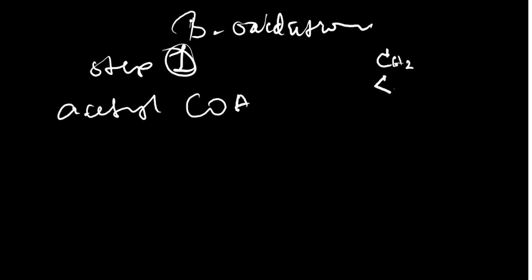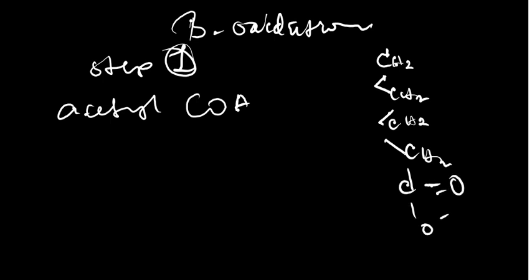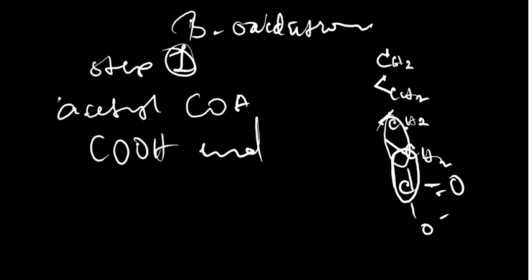All right, this is your carbon chain that's highly reduced, and so on and so forth. So at the end, you know that there is a carboxyl group, right? So what happens is that 2 carbons are going to be removed in order to form the acetyl-CoA, and these are removed starting from the COO end. That's where the two carbons are first removed.